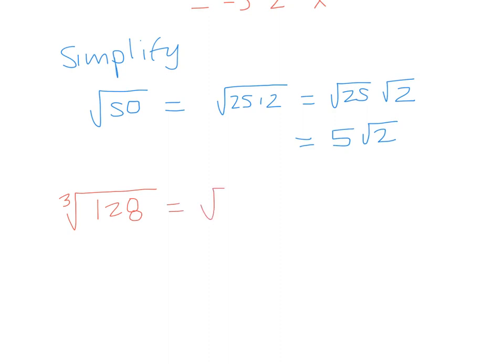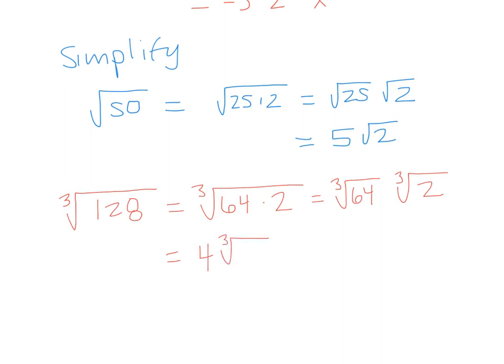Well, if we factor this as 64 times 2, we can then rewrite that as the cube root of 64 times the cube root of 2. And then the cube root of 64 is 4. And then that's times the cube root of 2.